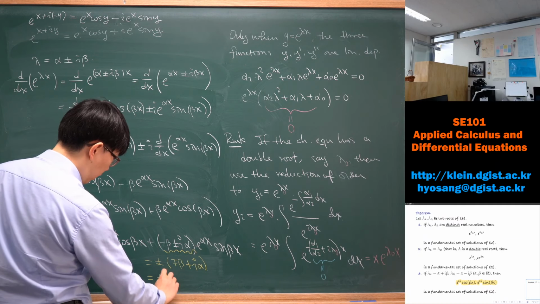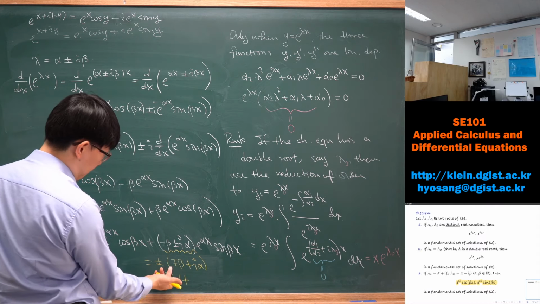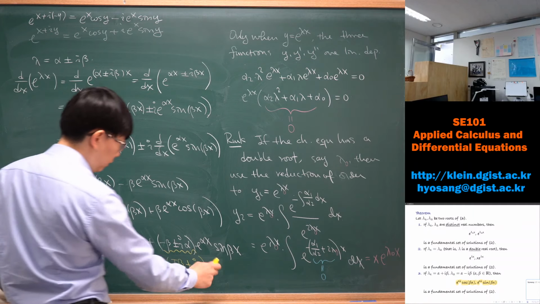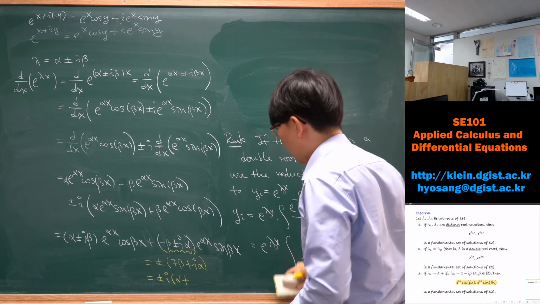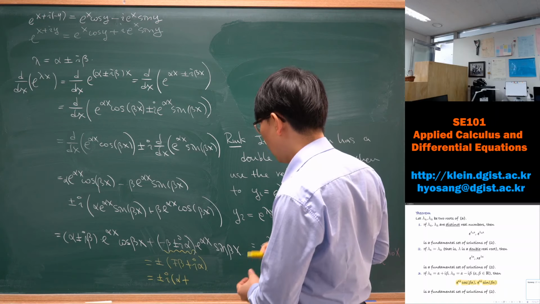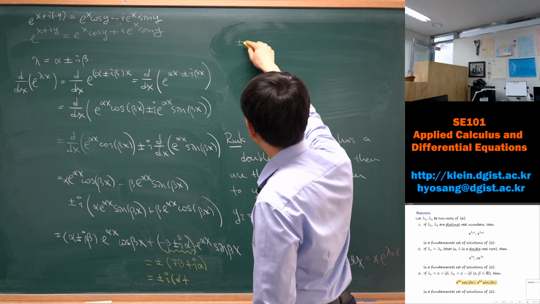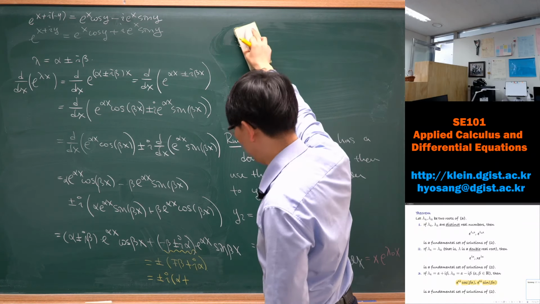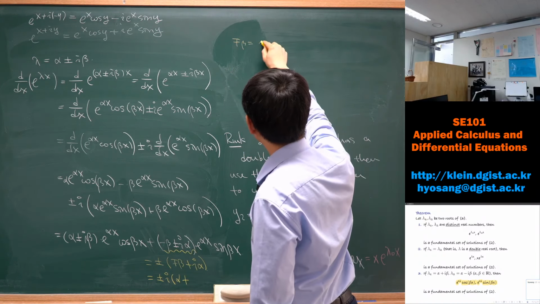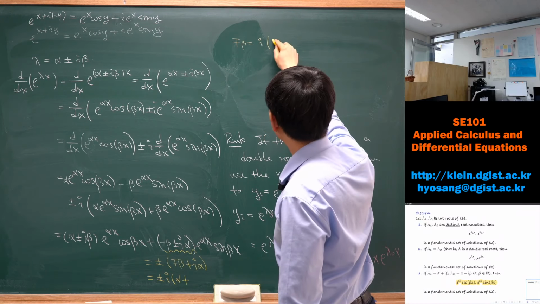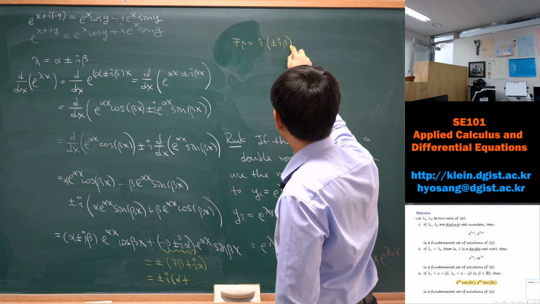We get plus minus I times alpha, and then this minus plus beta can be written as plus minus I beta.